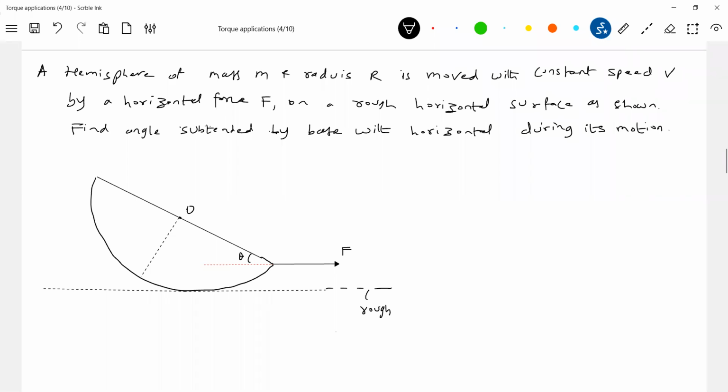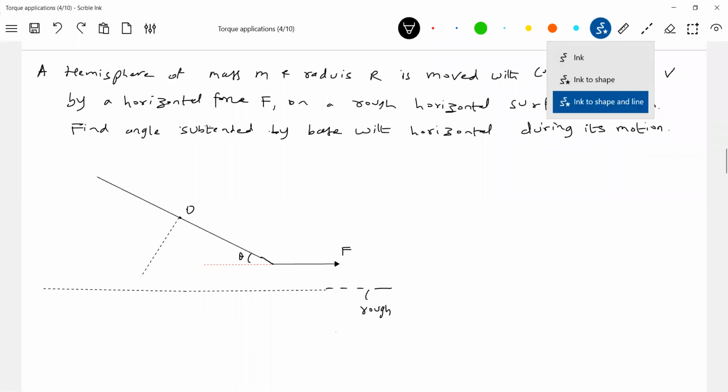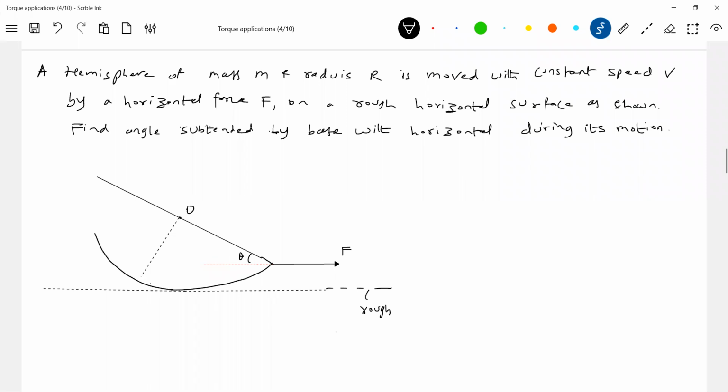A little bit of change, I'll make it. Some rough diagram. Let's show all the forces here. What direction will the friction force act?